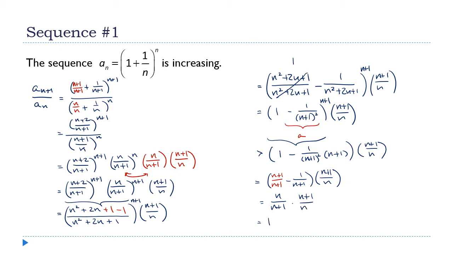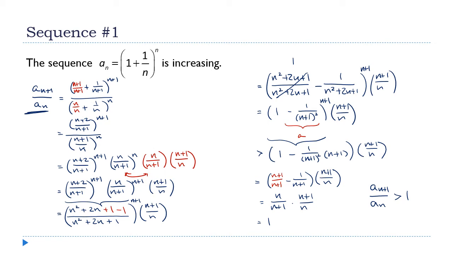All right, go back to it. Remember what's on the left-hand side? The left-hand side was this expression over here. So what did we just show? We just showed that a sub n+1 over a sub n is greater than 1. Okay, we'll multiply both sides by a sub n.